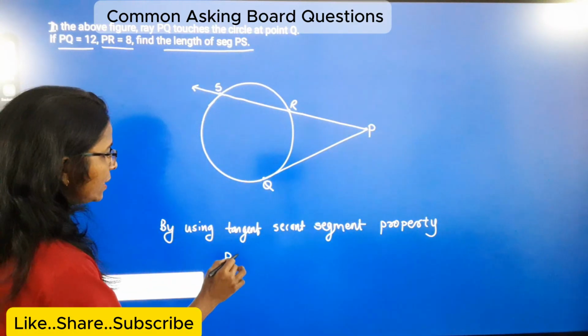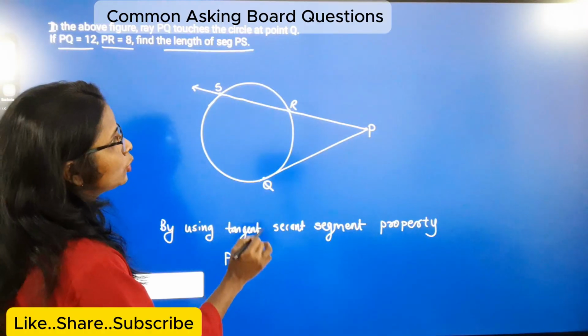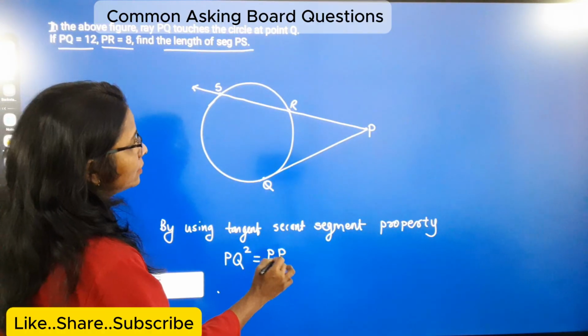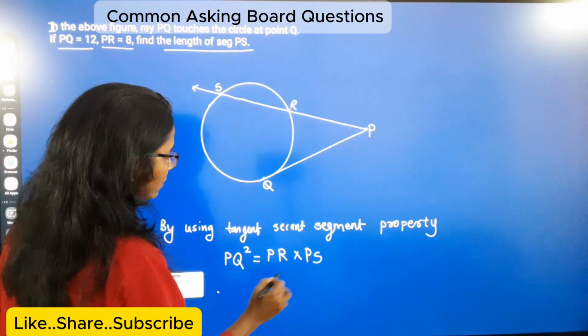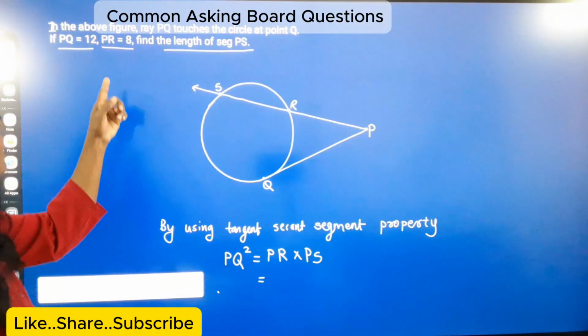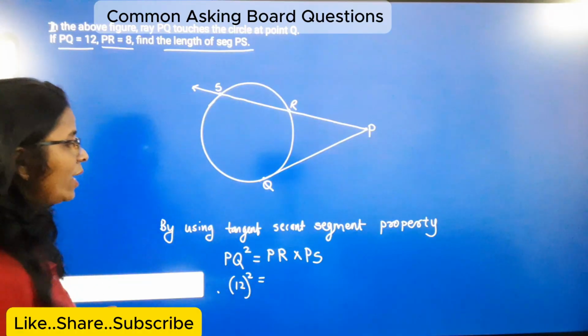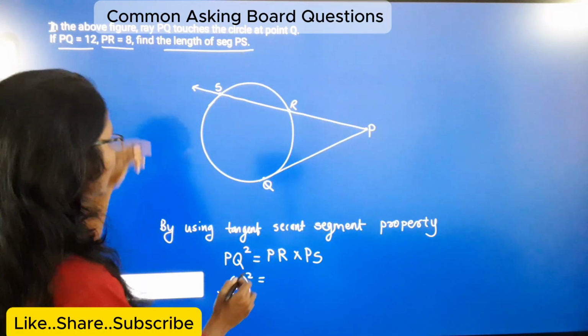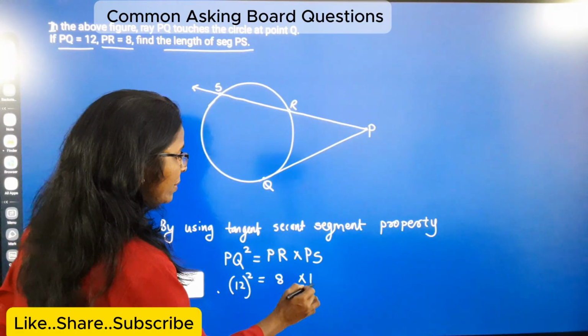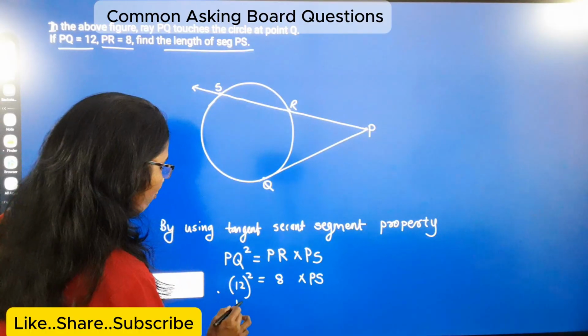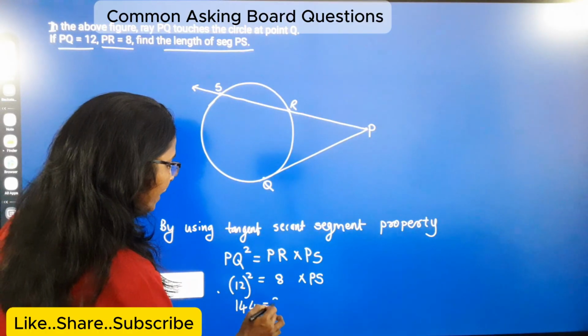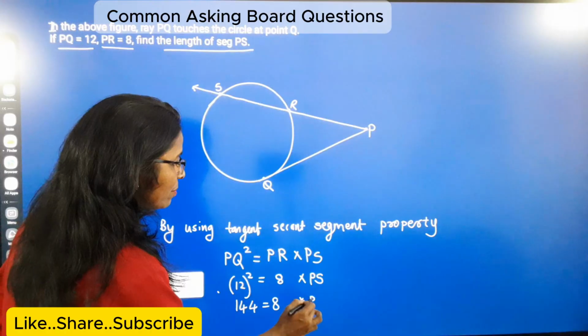That property says that PQ square is equal to PR multiply PS. So PQ square, that is square of 12, PR is 8 and then PS. So now 144 is equal to 8 multiply PS.